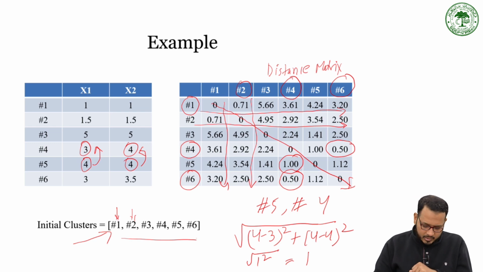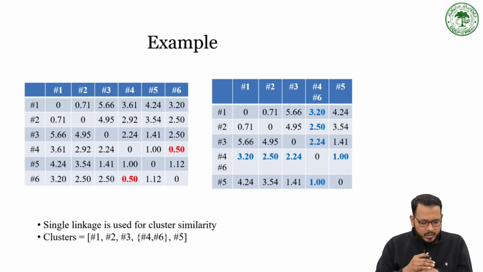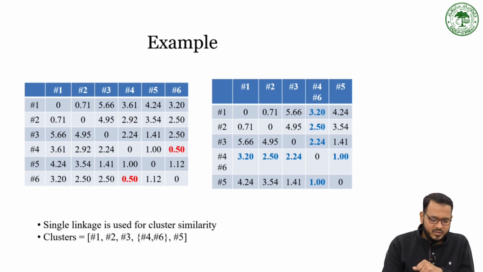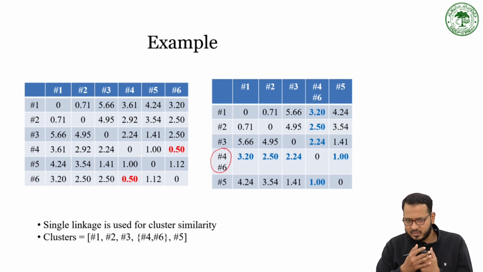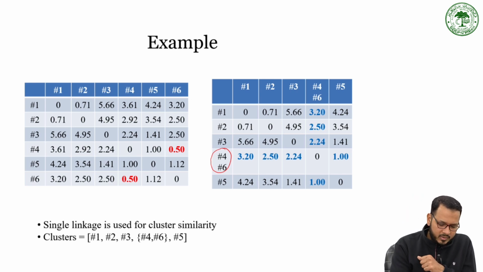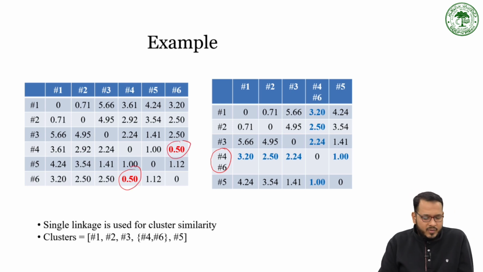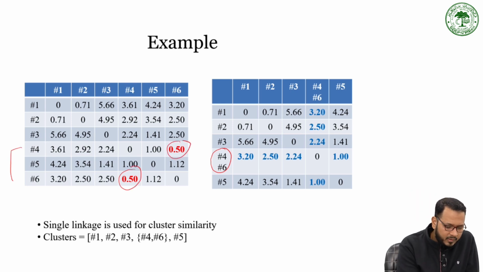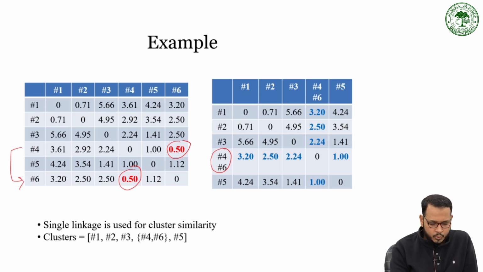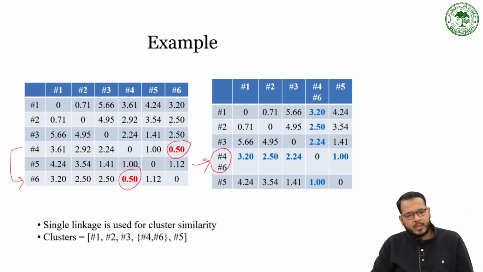So what we will do is combine 4 and 6 together in one cluster, which will affect the distance matrix. As we have observed that 0.5 is the closest value, we decide that 4 and 6 should be merged and we update the distance matrix.